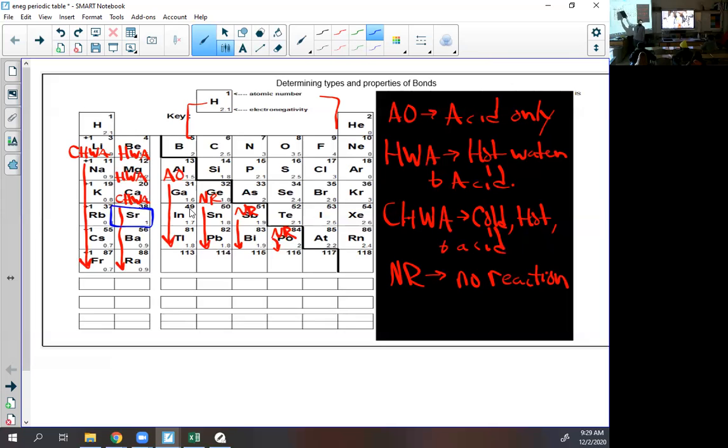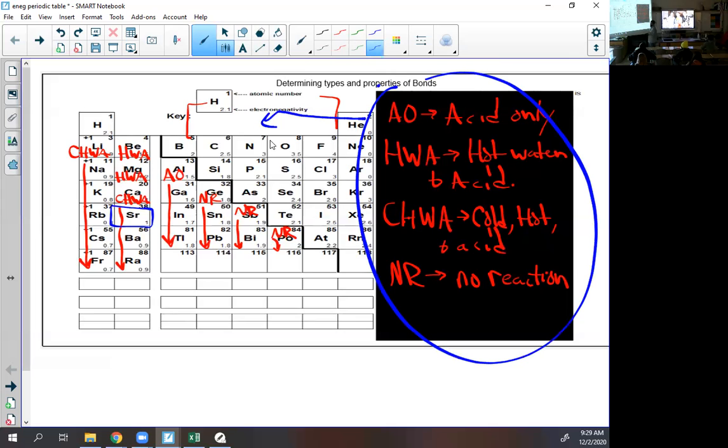Now, you have data right here. Don't write this stuff right there. Write it up top. So these things right here, just to be super clear, you're going to write them in this key area, not there on the right.